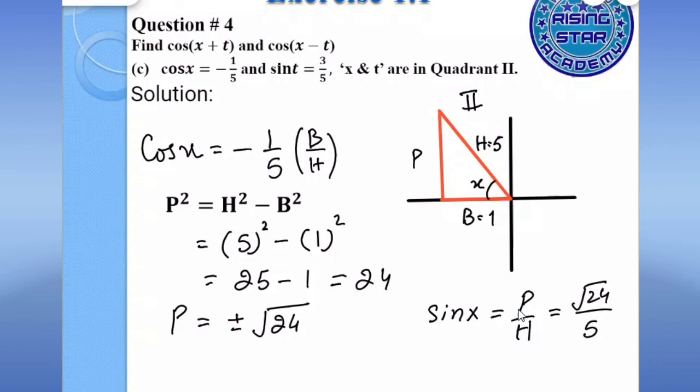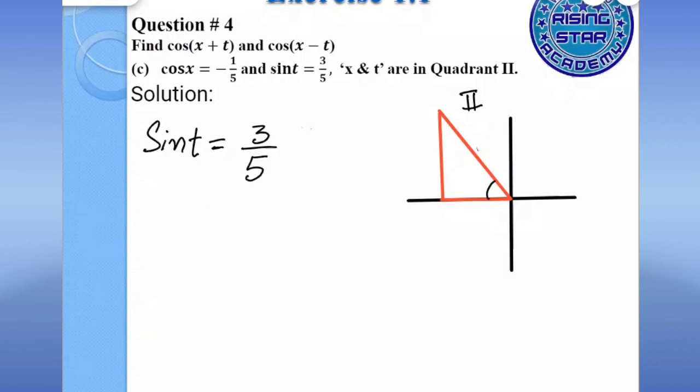Now we will solve for the t function. Here we have sine t. So now in this first quadrant t would become over there. This is t. So definitely perpendicular, and this is hypotenuse. So perpendicular value is here, that is 3. Hypotenuse is 5. We need to find the value of base. So now I would use the Pythagoras theorem to find the value of b.